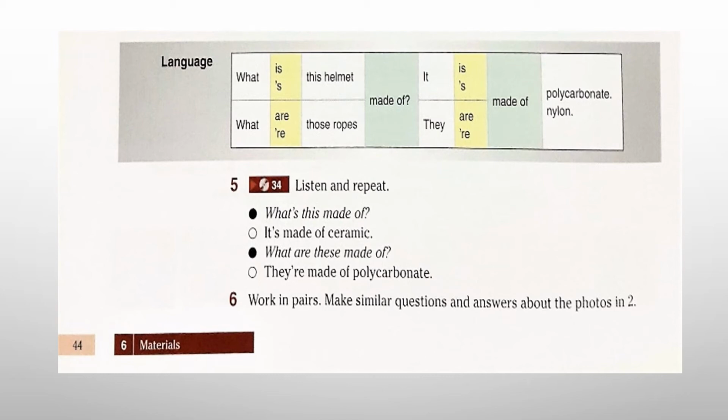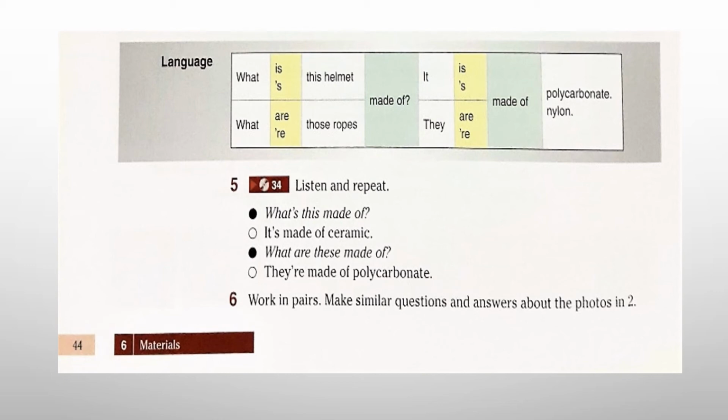We have what's this helmet made of? Here we're talking about one helmet, so we use is or apostrophe s. And the answer is also in the upper part. It's made of polycarbonate.